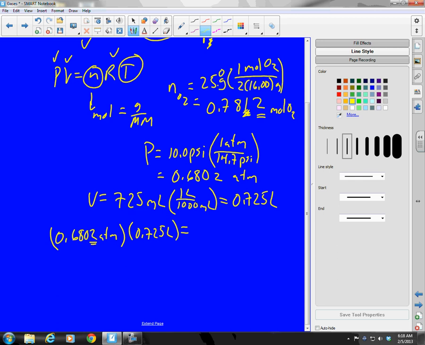n is equal to 0.7812 moles. R. We're going to have to go on to the next slide. R is 0.08206 liter atmospheres per mole Kelvin. Yahoo. And finally, T, which will be in Kelvin. All right? Good. Let's run the numbers.